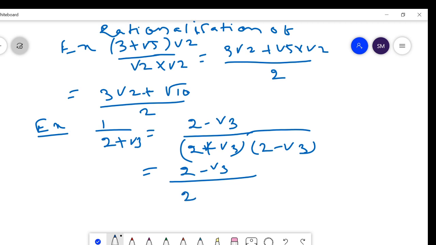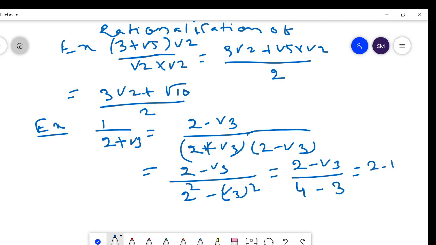This is a square minus b square. Then numerator 2 minus root 3, at the denominator a square minus b square. What is 2 square? 4 minus root 3 square 3. Then at the denominator we get 4 minus 3, 1. Then this is a rational number. Then 2 minus root 3. Answer is 2 minus root 3.